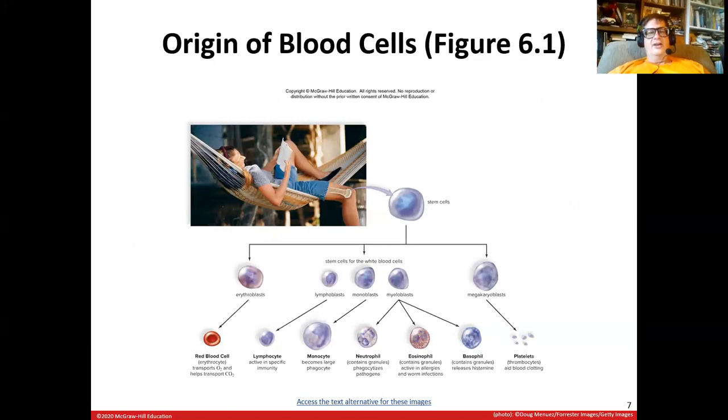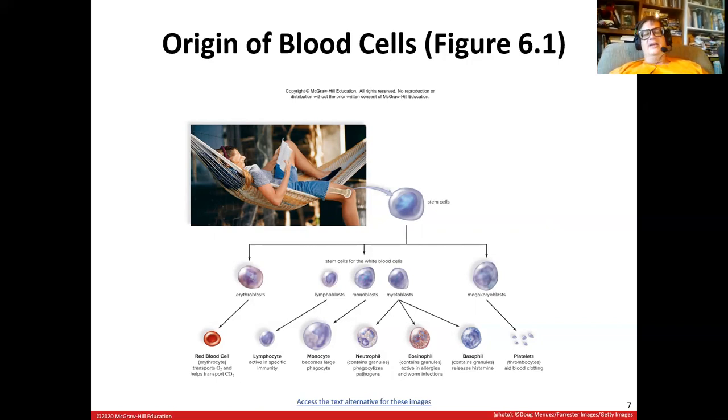So the next slide is figure 6.1, origins of blood cells. You can see that we have stem cells in the bone marrow, and those stem cells are what we would call pluripotent stem cells. The PL should remind you of the word plural because they can make more than one type of daughter cell.